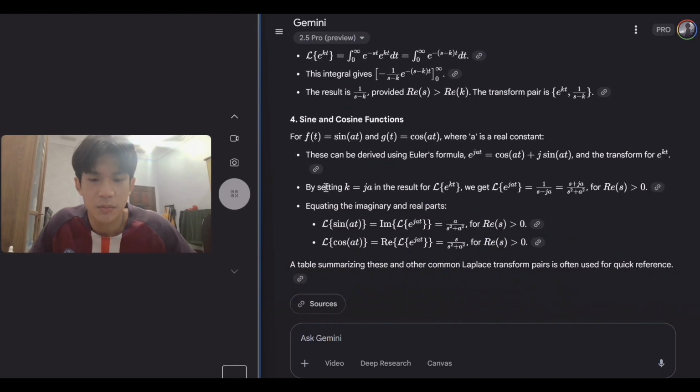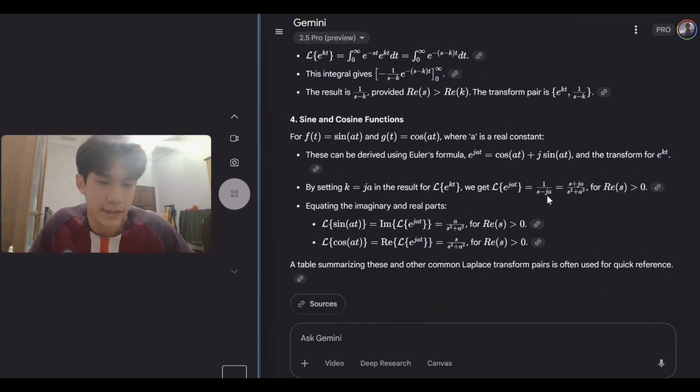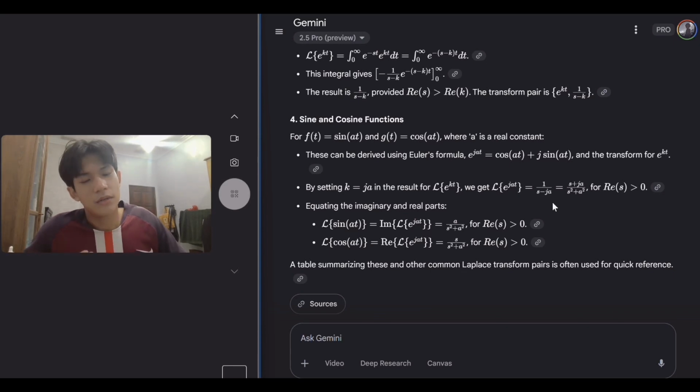And so by setting k equals ja in the results of transformation of exponential to the power of kt right here, we will get this one. And of course, we don't want our imaginary number in the denominator, so we need to rationalize it by multiplying it with our conjugate, and so it will result in this right here.